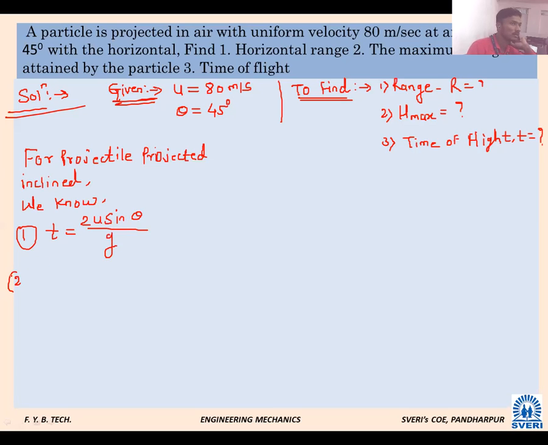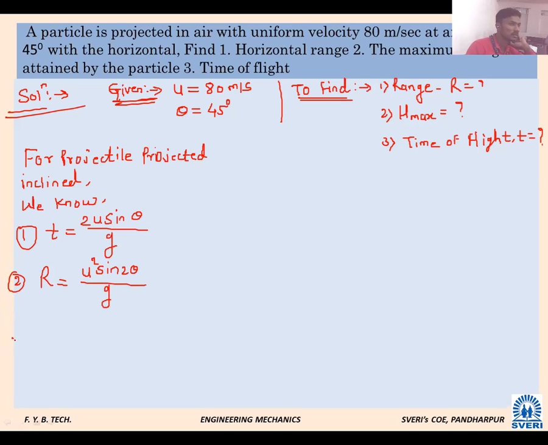Okay, second equation. R is equal to u square sin 2 theta, divided by g.